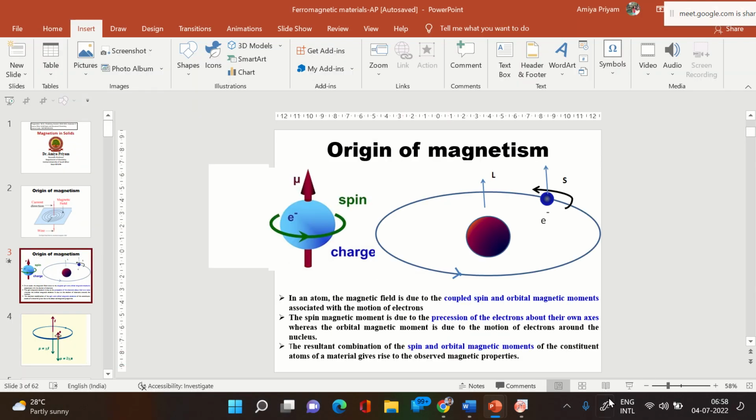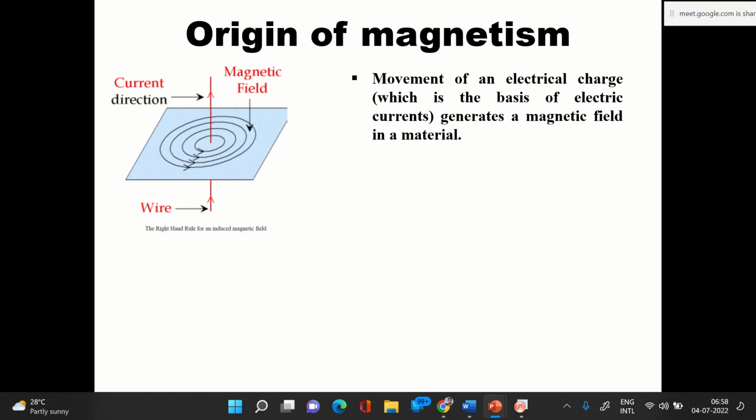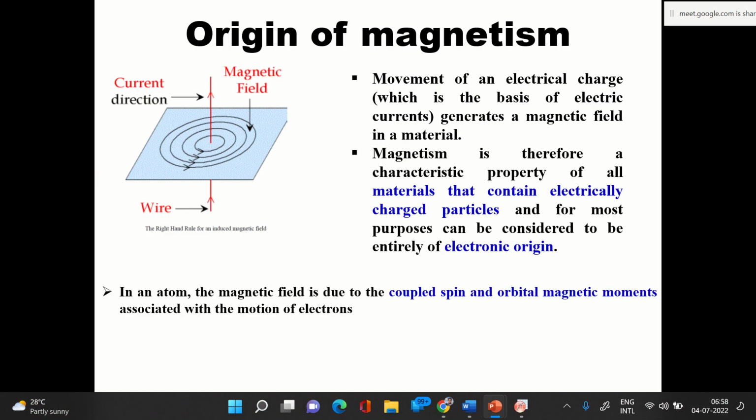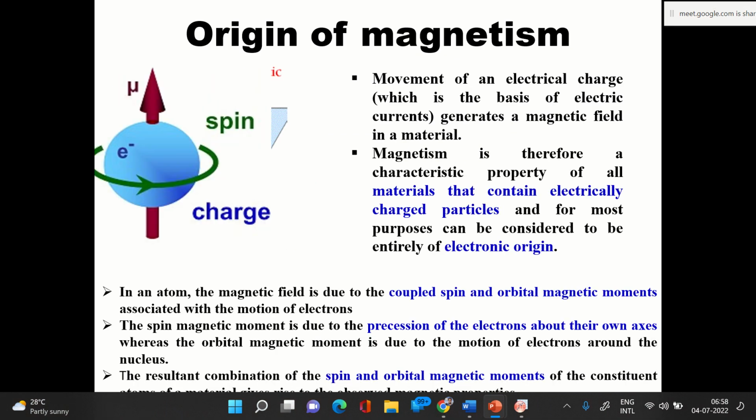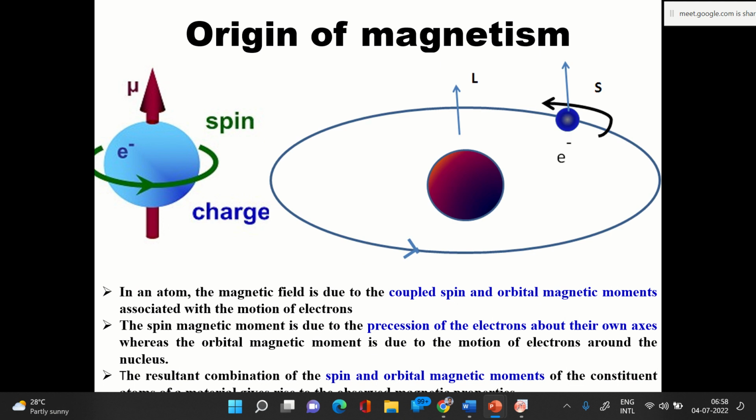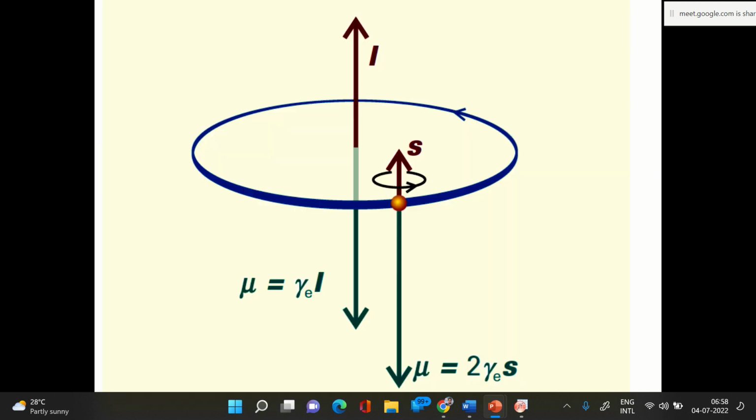So the observed magnetic properties are due to the spin and orbital magnetic moments. How the coupling between L and S, the two angular momenta, happens is shown schematically over here.